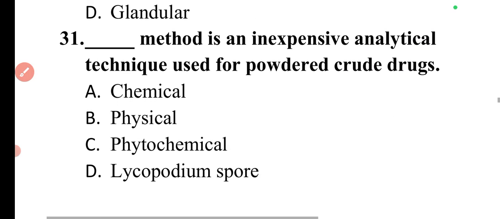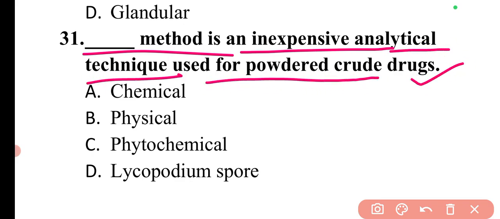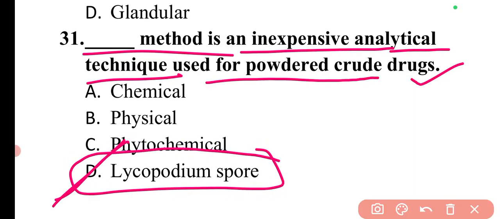Then moving to the next question. The question is, dash method is an inexpensive analytical technique used for powdered crude drugs. So for powdered crude drugs, there is an inexpensive analytical technique, and this technique is known as the Lycopodium spore method. So here option D will be the correct answer.